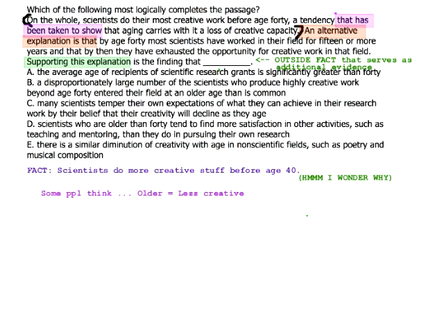So others think most older scientists have just been doing the same thing for too long. Okay, and then we want to take the green side of this argument.